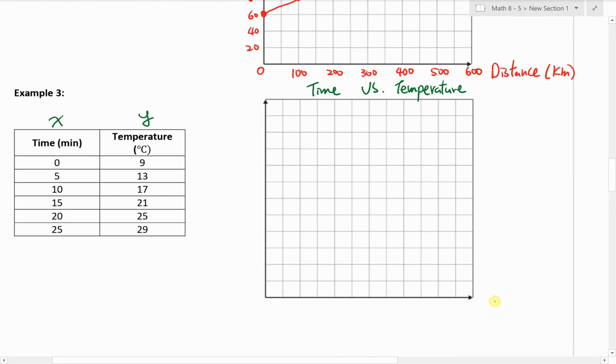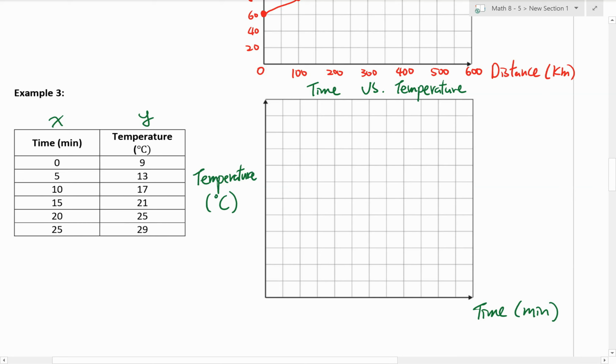So here is time in minutes. Oops, I don't need the brackets for time. Time in minutes. We have the temperature here, temperature in degrees Celsius.